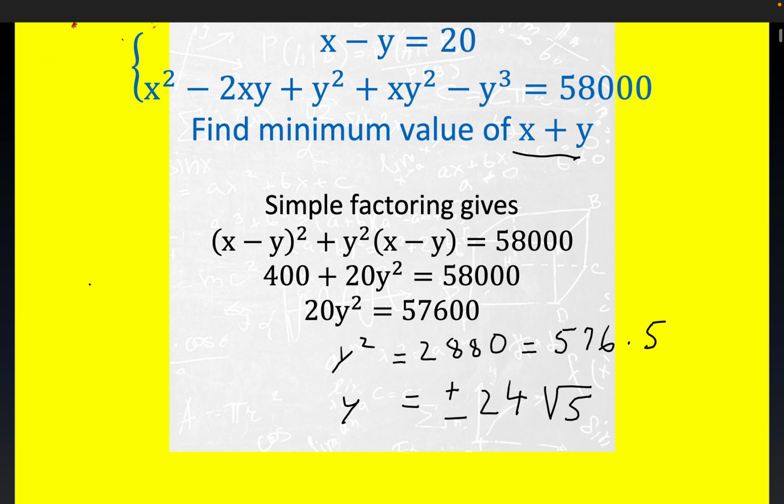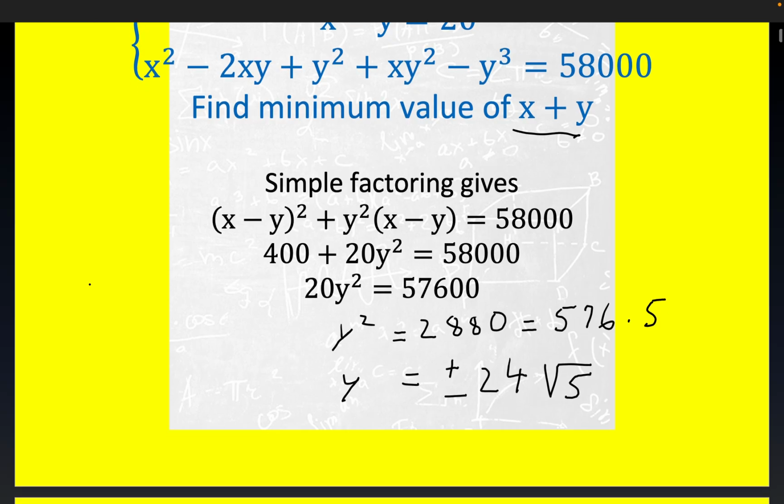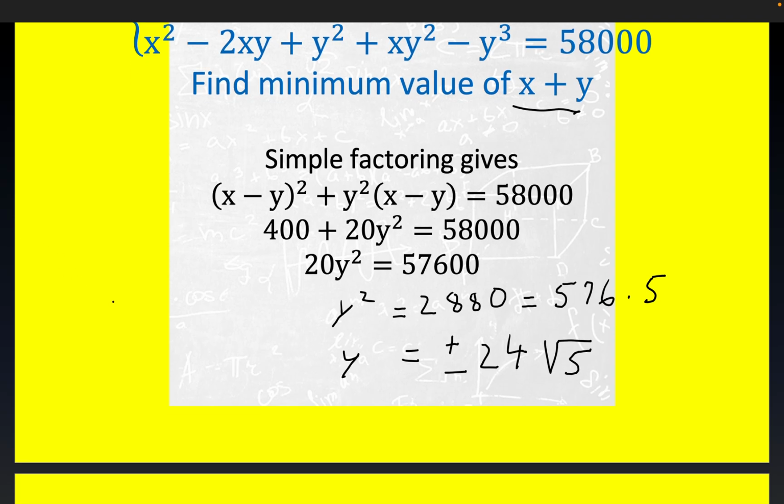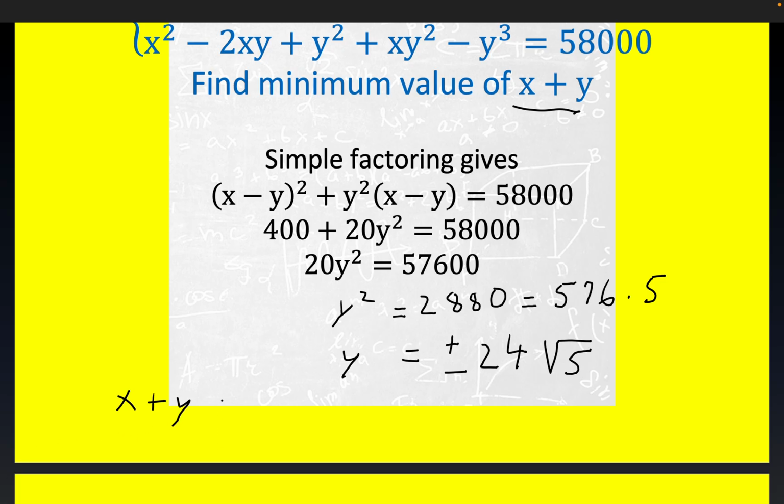So you can see if you continue on here, you would get x plus y, which is what we're interested in minimizing, right? x plus y is equal to 20, right? That 20 is coming back because that's just the relationship between the two variables, right? x plus y is equal to 20 plus or minus 48 root 5.